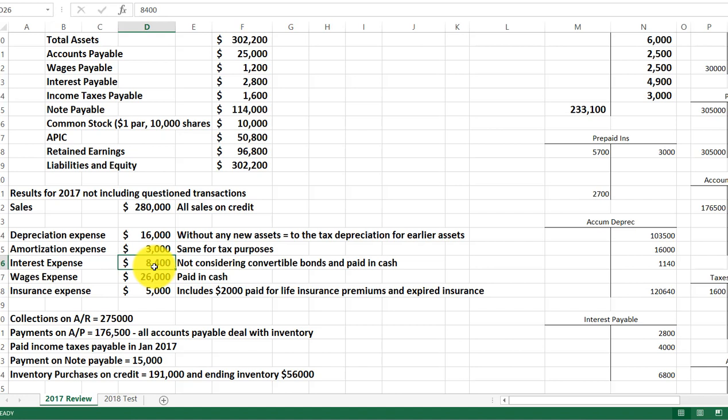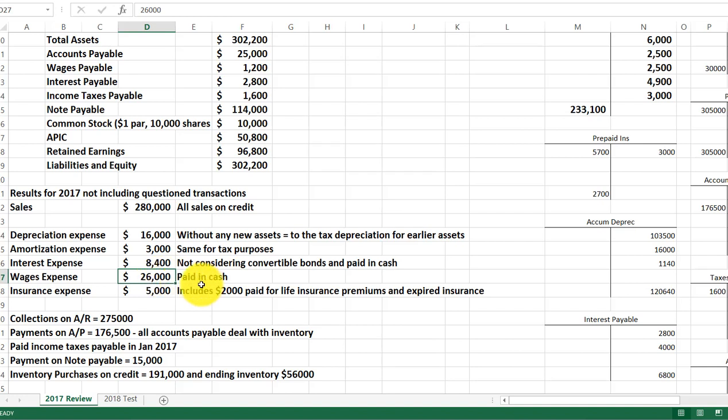Either is acceptable. Interest expense, debit interest expense, credit cash. We're going to find out there's some other interest on the convertible bonds a little later, but this is interest on other loans other than the bonds payable.